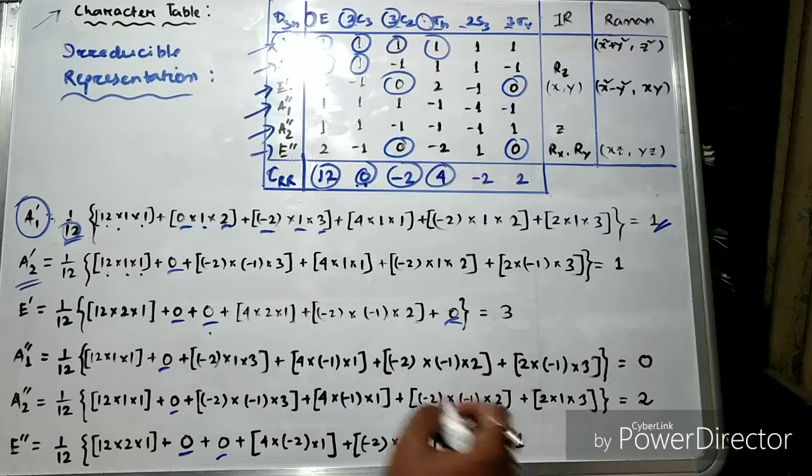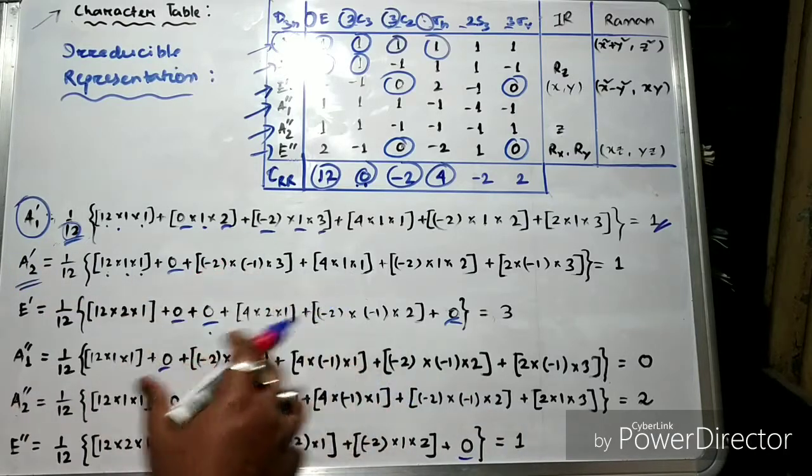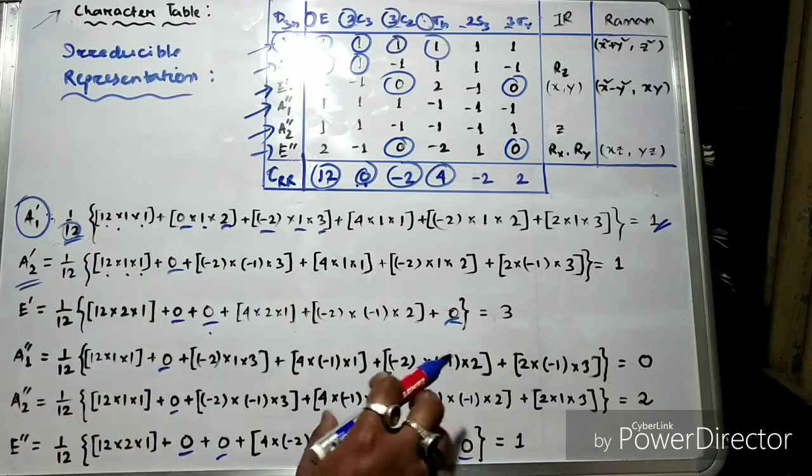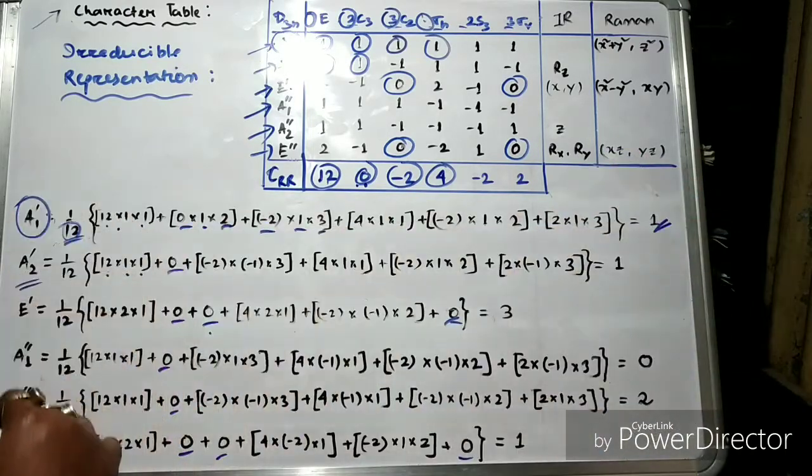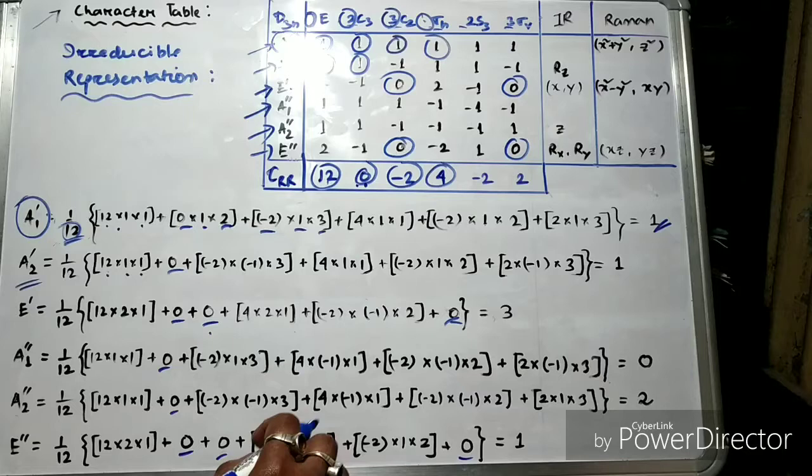0. And in the same procedure if you follow, we will find out all the characters for these Mulliken symbols, okay.